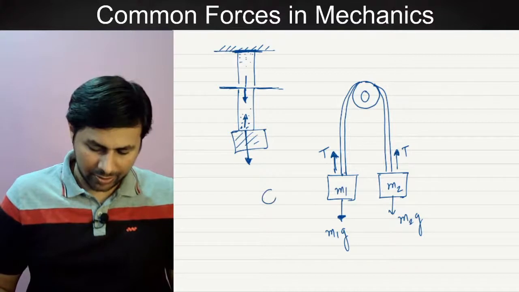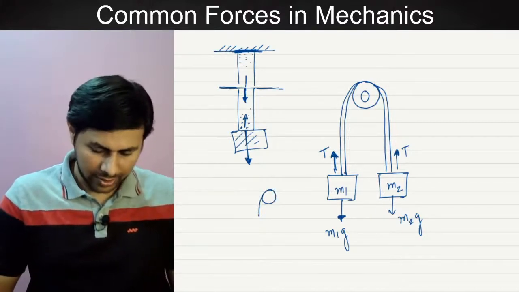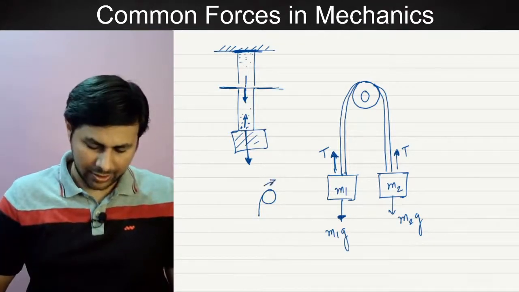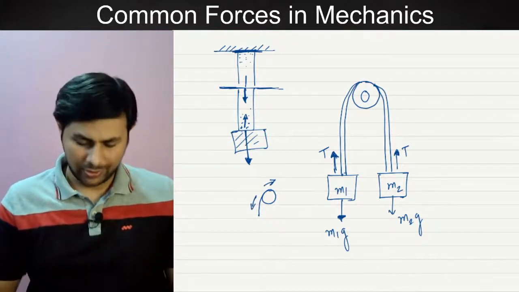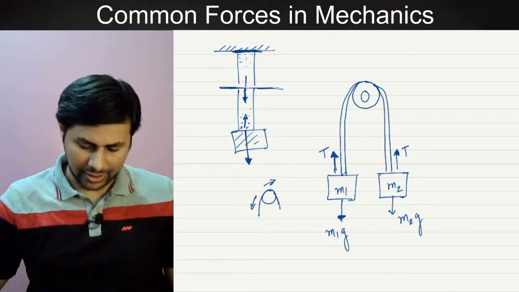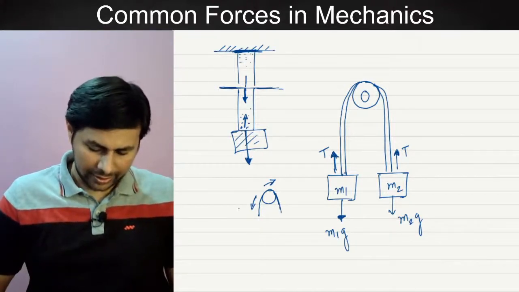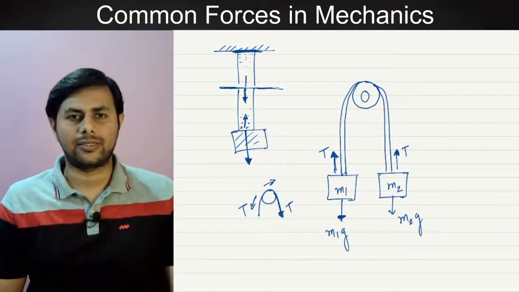So if we consider this pulley, okay, so pulley pulls on the rope in this direction, so tension will be acting like this. Okay, but in this direction, sorry, so this is the pull and this is tension. And what about this side? On this side, tension will be acting like this.